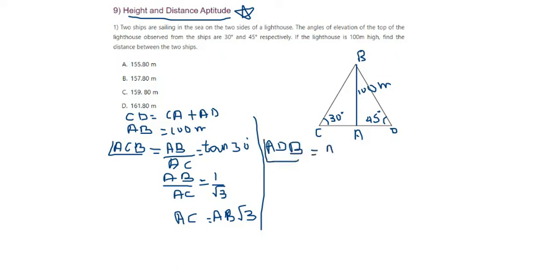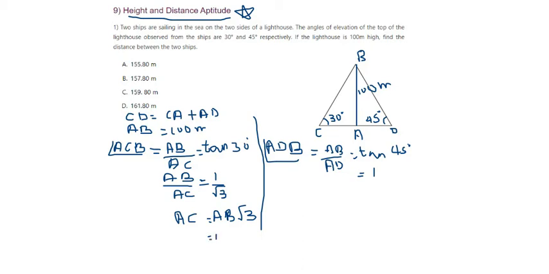where it is AB by AD is equal to, same, it is tan 45 degrees. So here tan 45 is nothing but 1, and also here AB value is 100.